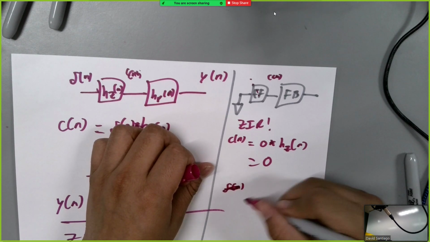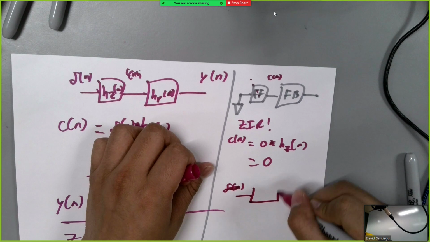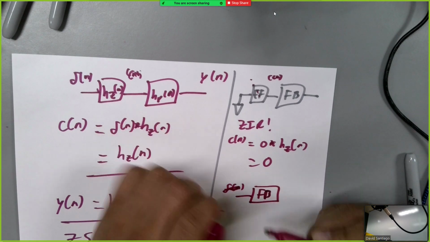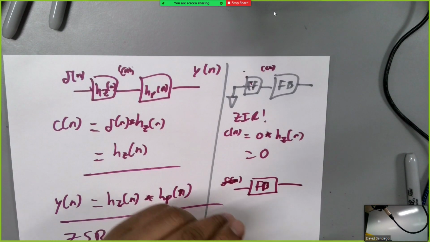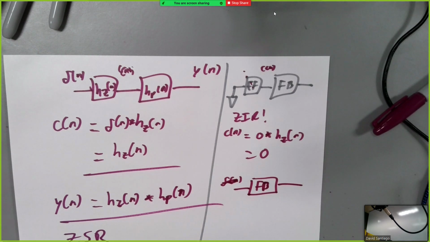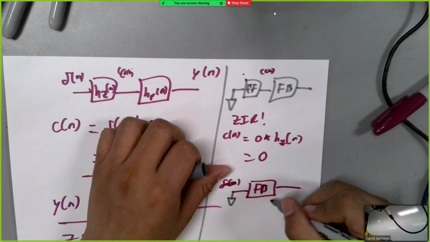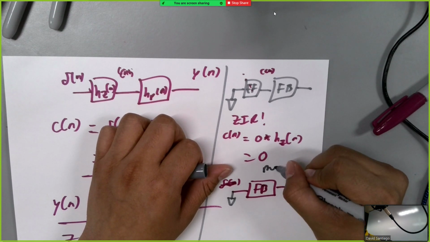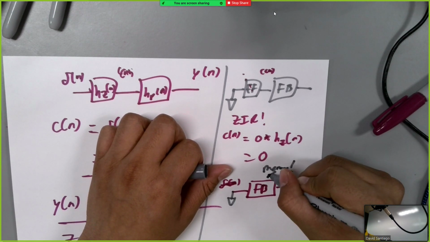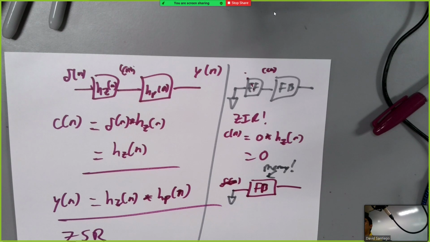Or not that. You know why I didn't do that? Because this is also grounded. You know what's going on in here? You have memory. And you know what happens when you have memory?